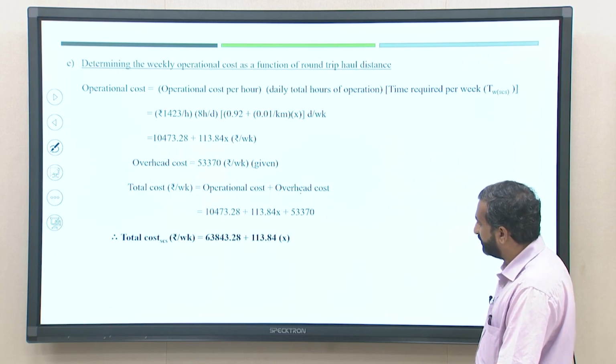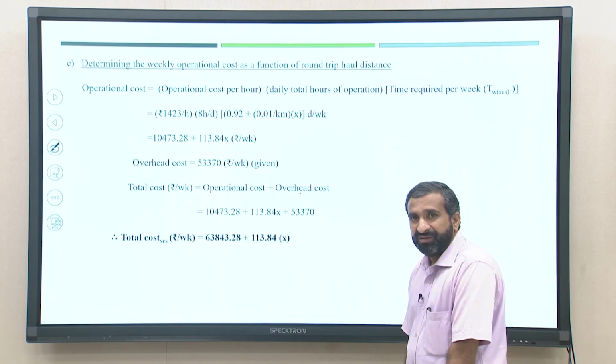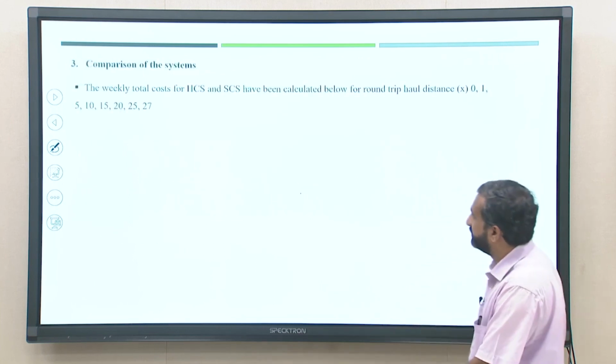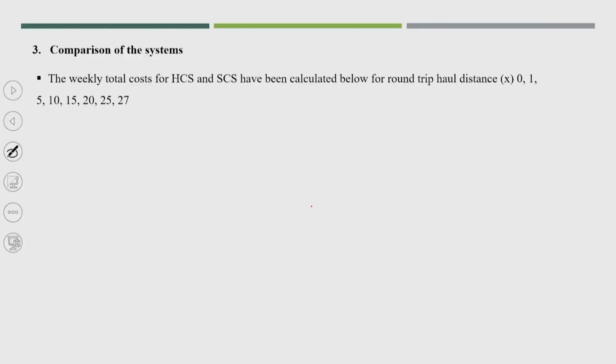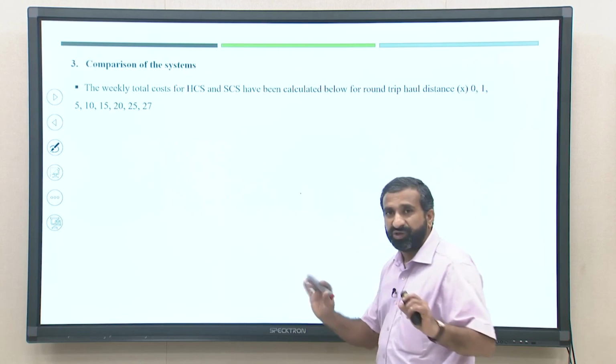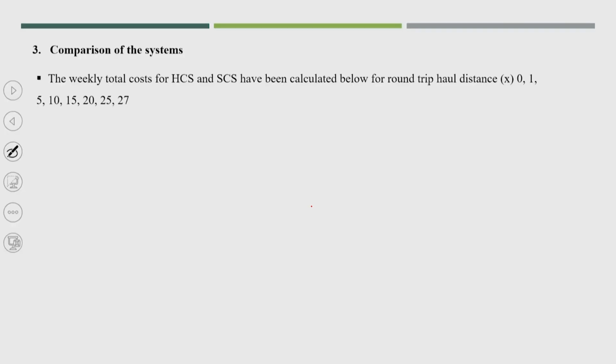Now, we got two equations, one for the haul container system and the other for the stationary container system. What will we do? We will compare both collection systems because we do not know the x value here. So, we can assume x as 0, 1, and go forward to 5, 10, 15, 20, 25 kilometers.